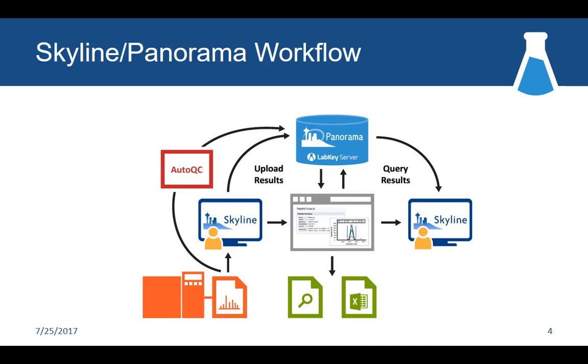And basically within a minute or two of having your QC sample finish acquisition on the instrument, you've got information about what your outliers are, various metrics. We'll talk more about that later. But there's a variety of ways, either as you're just working with your data in Skyline through the interface, or automated, to get your data into Panorama.